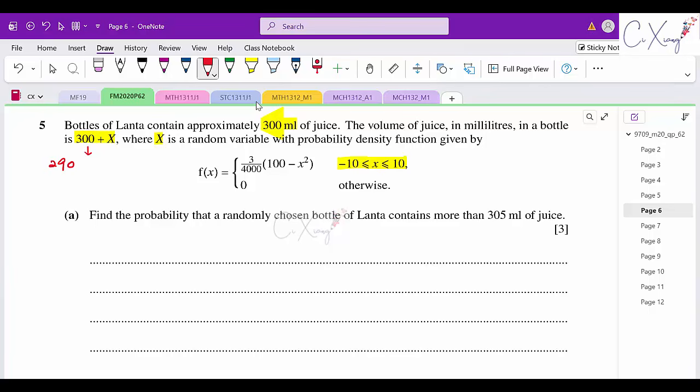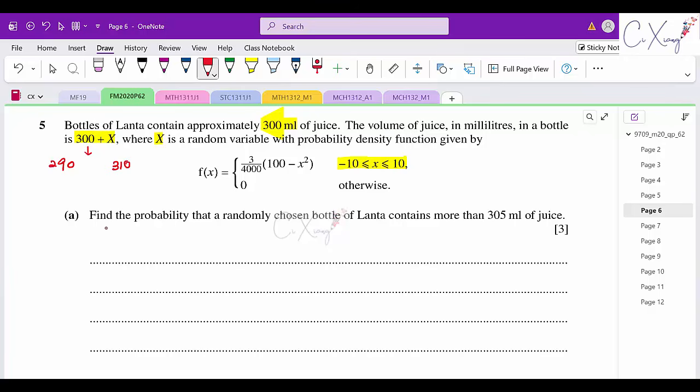If x is equal to 10, then the bottle might have 310 milliliters. So the range of the bottle contents is between 290 and 310. But only the x is in the probability density function. So the minimum value for x is negative 10, and the highest value for x is positive 10.